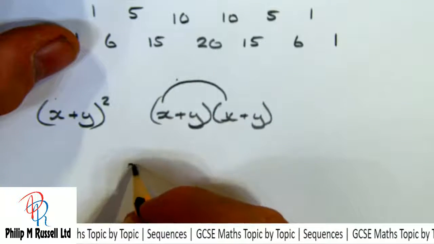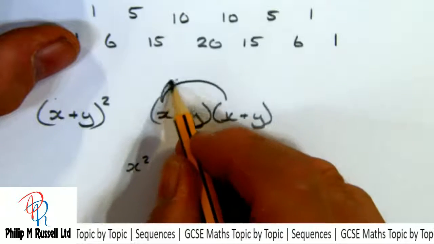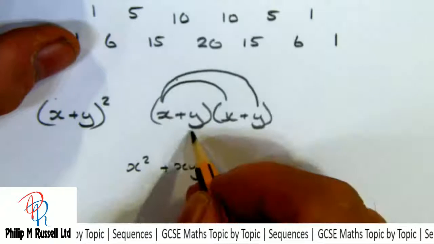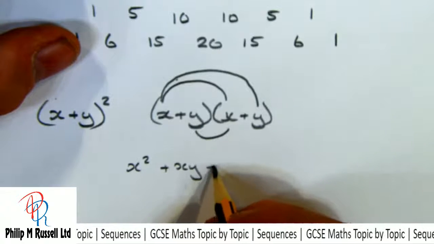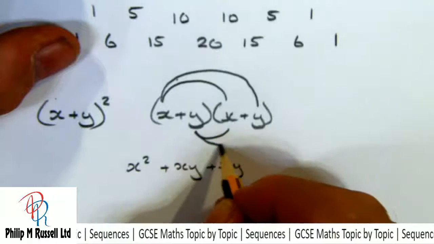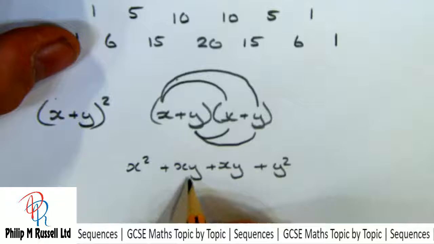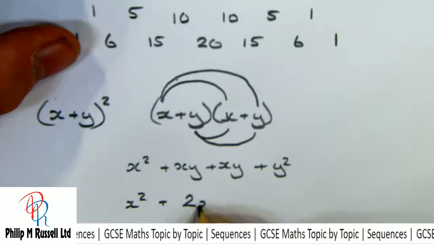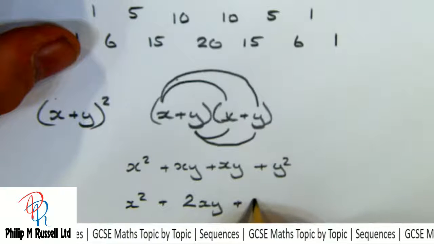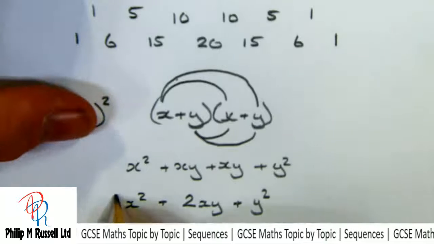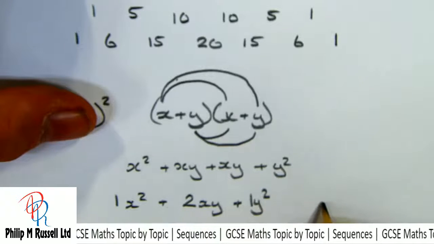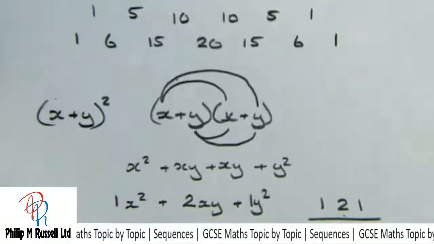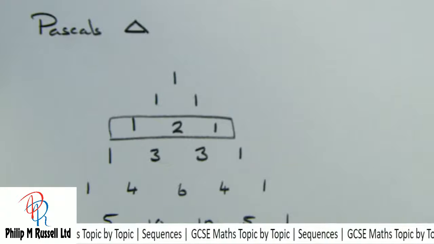So that's going to give me x squared, xy, xy again, plus y squared. Add those two up. We've got x squared plus 2xy plus y squared. Let's put some numbers in here. 1, 2, 1. That's a number sequence in the Pascal's triangle.